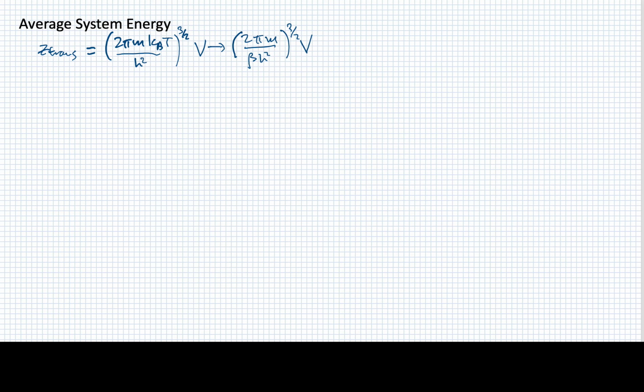Now, we also have learned that the system partition function for any system can be written as the molecular partition function raised to the number of particles divided by that number factorial.